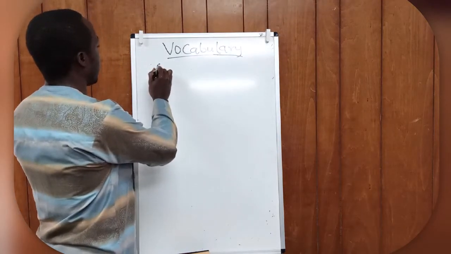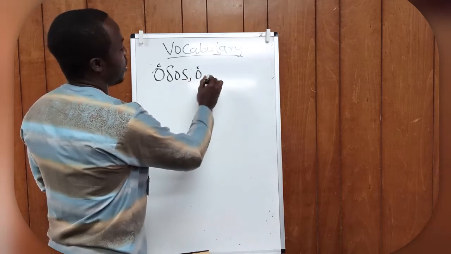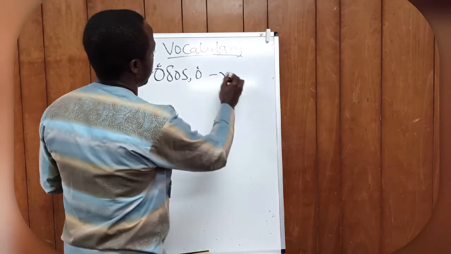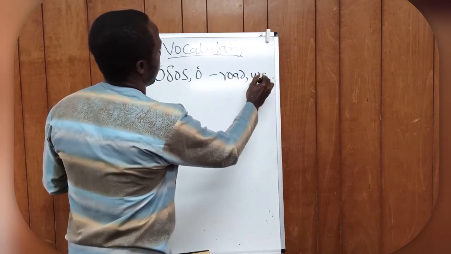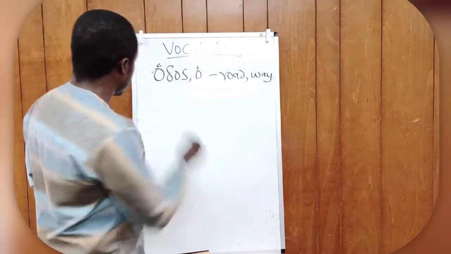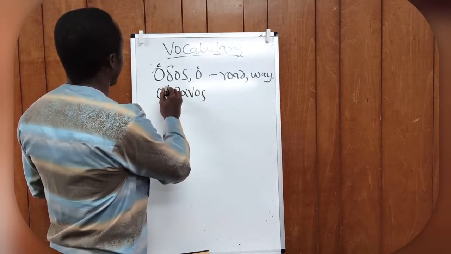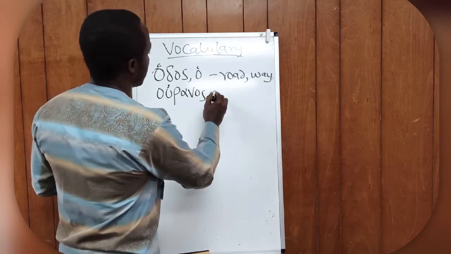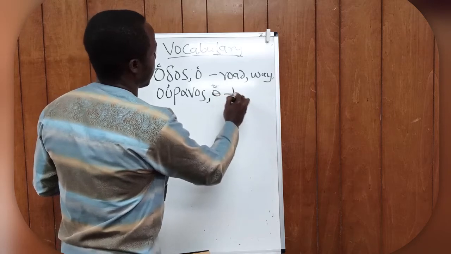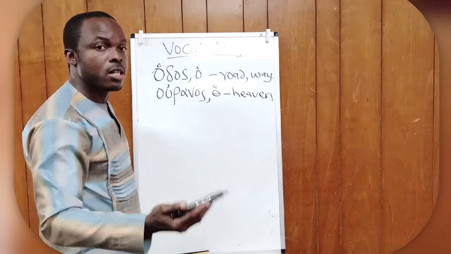So we have another word like hodos. Consider the breathing mark. Hodos means way or road. Then we have another word like ouranos. Ouranos means heaven. Then we have another word like huios.